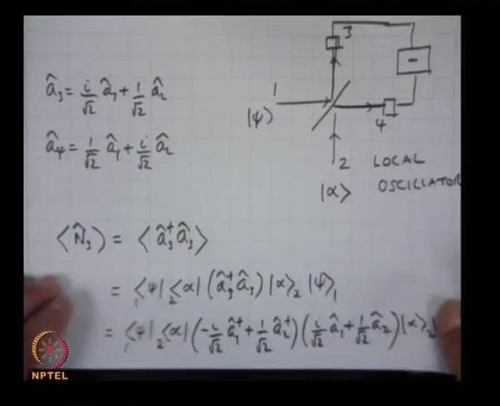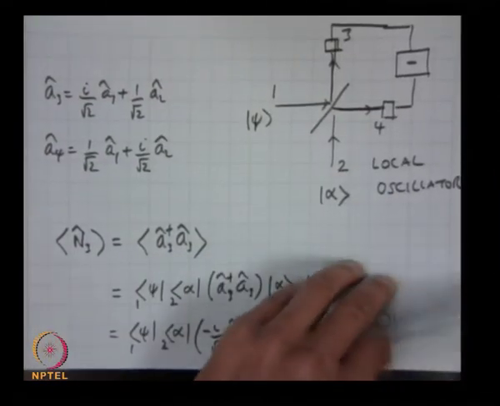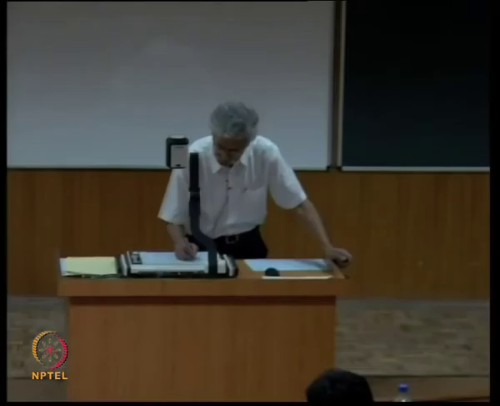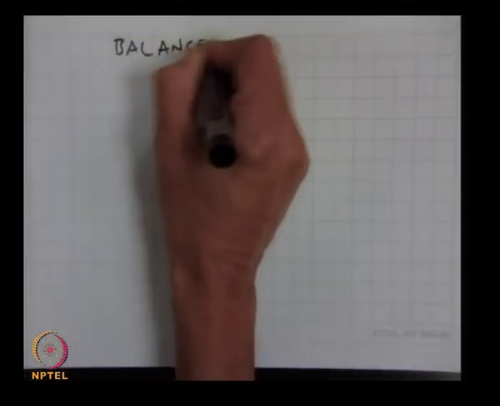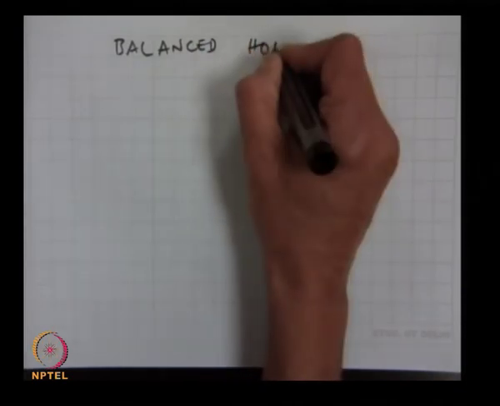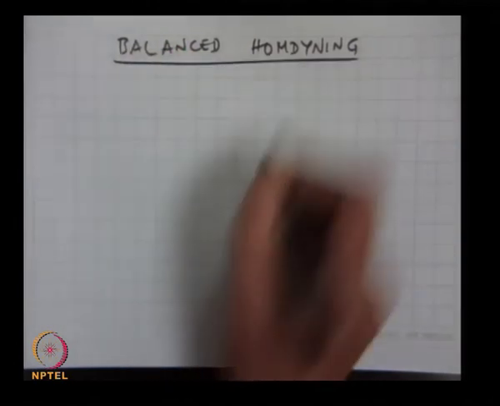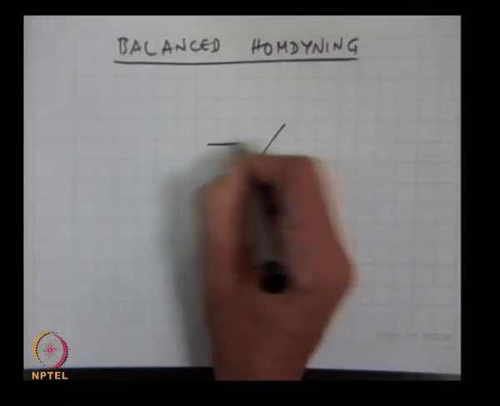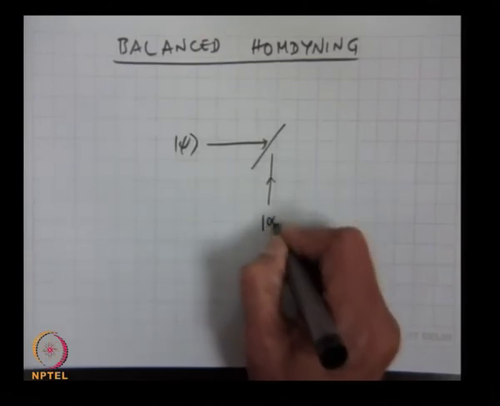Okay, so this is what is called balanced homodyning. So let me write it again here. This is called balanced homodyning, in which we have the unknown state coming from here and a coherent state coming in from here.